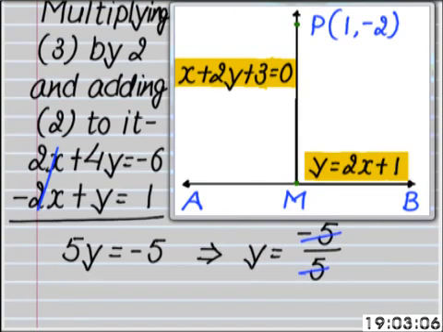On further solving, it is equal to minus 1. Therefore, y is equal to minus 1.